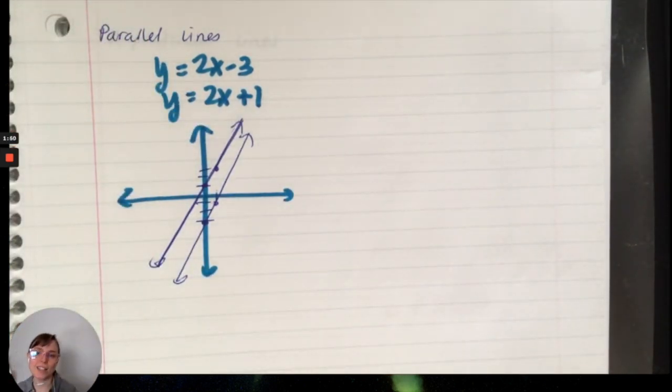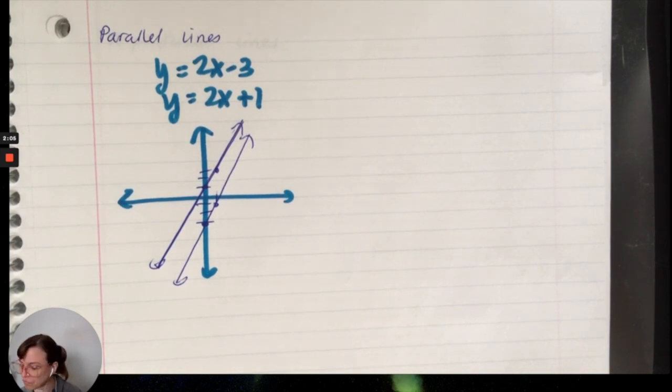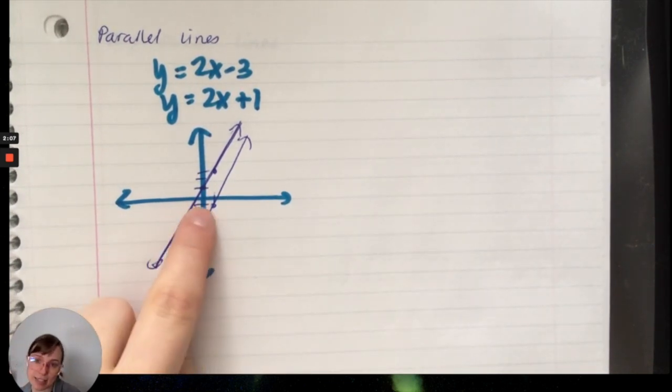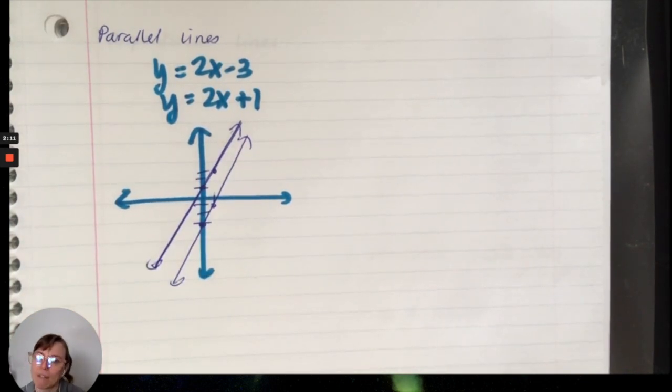Okay, and this is where you realize that you're human and you don't have graph paper. So imagine you did this perfectly. What would these look like? Parallel, because it says parallel. So the definition of parallel is they don't intersect because they're always the same distance away from each other. If I measured this distance, it'd be the same as this distance, and it should be the same as that distance because I should have graphed these better.